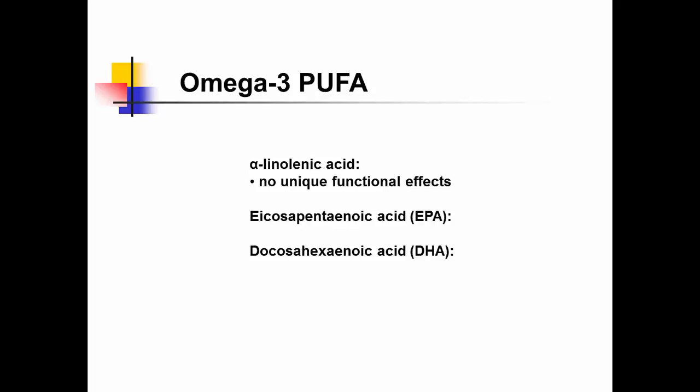Now, how about the omega-3 polyunsaturated fatty acid? So omega-3 alpha-linolenic acid itself doesn't seem to have a unique functional effect, but again, it is a very important precursor, a substrate for synthesis of EPA and DHA, the other family members of omega-3 fatty acids.